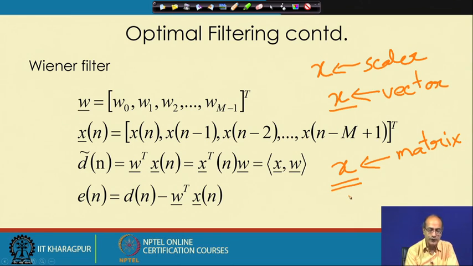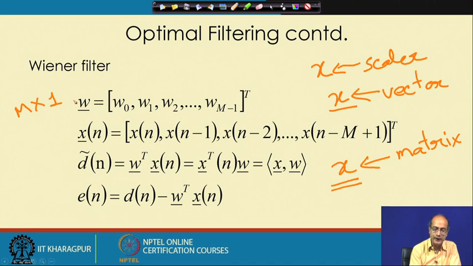So, with that notation, first we have written the weights as w with a bar below it, and it is a column vector. And what kind of column vector? It is an m by 1 dimensional column vector.